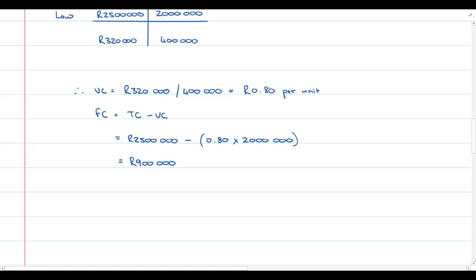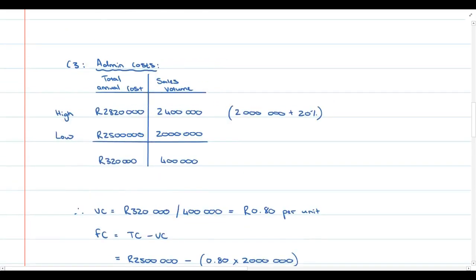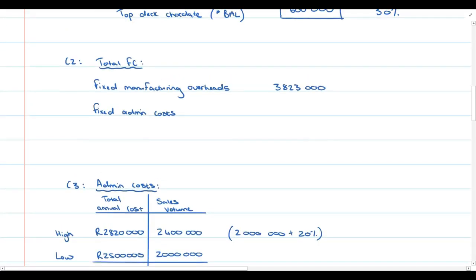All right, so we've split the admin cost into its fixed and variable portions. Let's just include the fixed cost in our calculation above. And then those are the only fixed costs that we are dealing with in this question, so we can calculate a total over here.